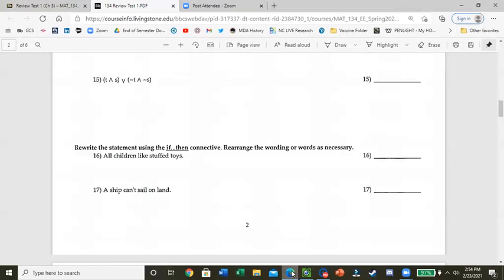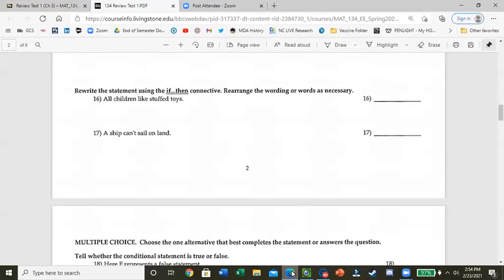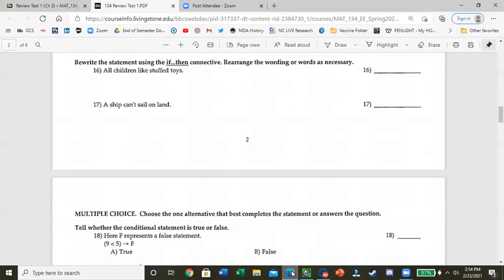Next one. Rewrite the statement using if-then. So all children like stuffed toys. So here I'm just going to rewrite this: all children like stuffed toys.